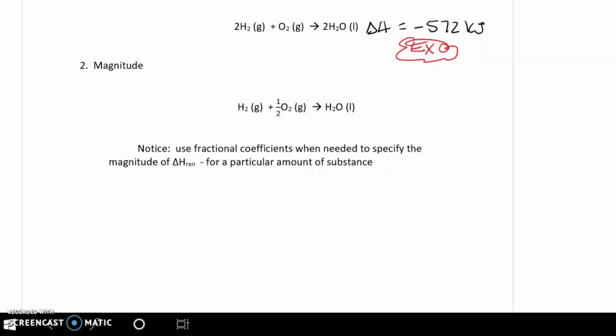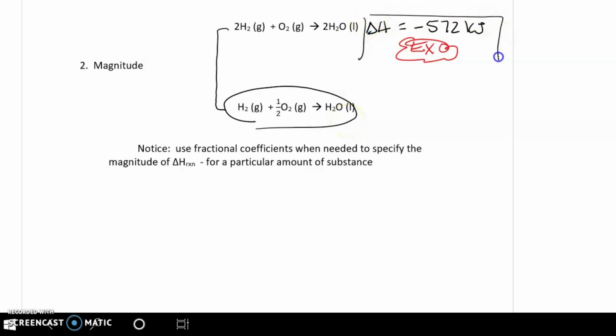The magnitude, our delta H, is proportional to the amount of substance we have in the reaction. So I'm going to compare these two. It's the same reaction, but if you notice in this one here, it is all just divided by 2. So all the coefficients are halved, right? If that's halved, we can still use this delta H here, but what are we going to have to do to this one?